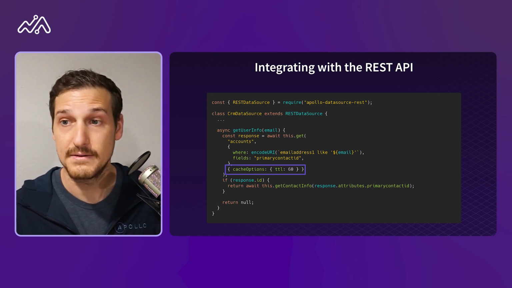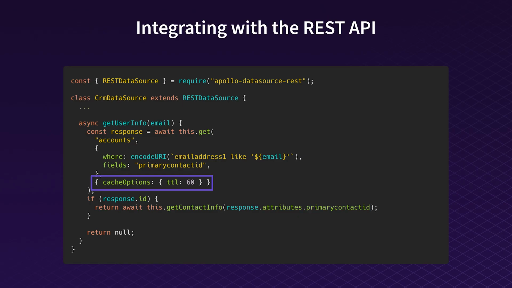So in our example here, our primary contact is probably not changing, right? Like you create your account, you're just there. That primary contact probably never changes. Maybe in the future we have some transfer account functionality, but for now it's just one user. So at a minimum, I'm just putting a 60-second time to live to cache that.